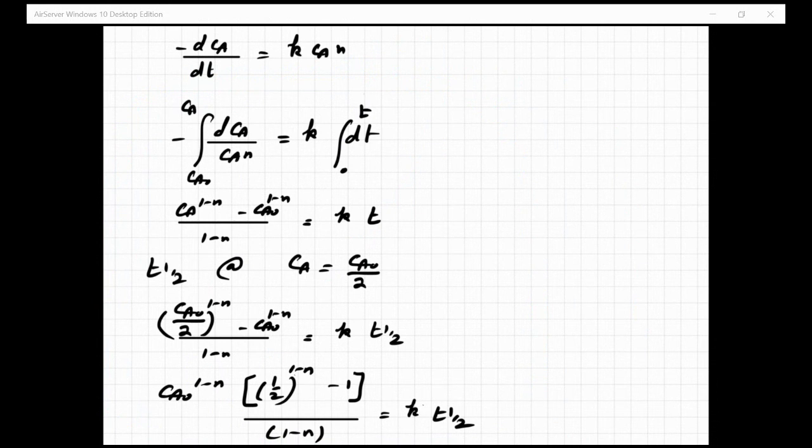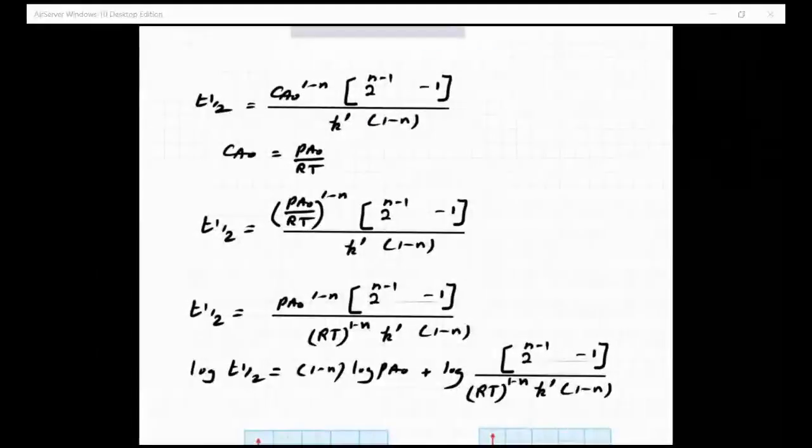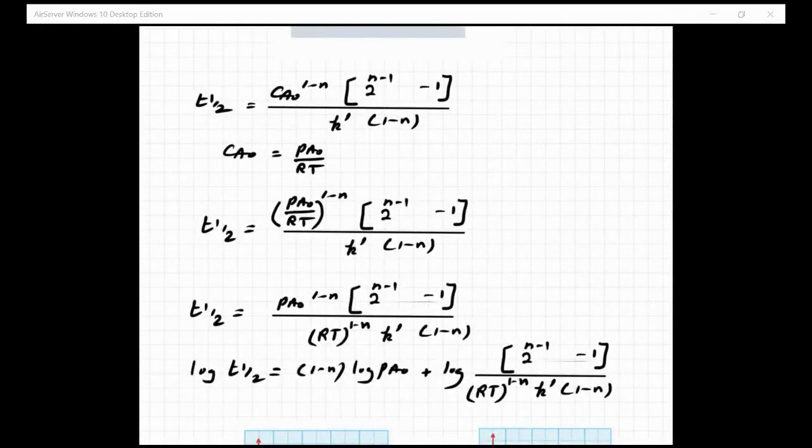Then what will I have to do? I will have to change the concentration to pressure, as we have done previously. We changed the equation into pressure because I have data in terms of pressure.